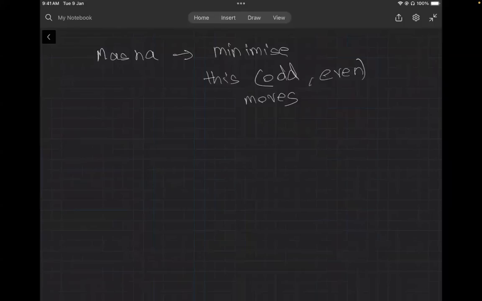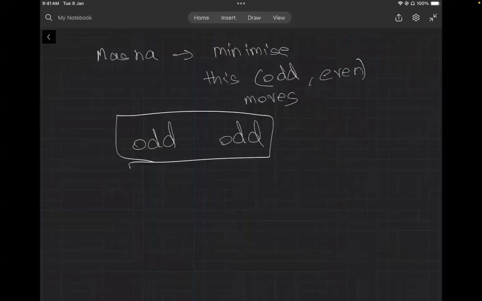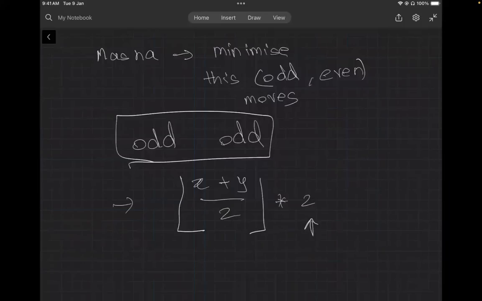Now, one more thing to consider. Whenever I do an odd move, I take two odd elements and I do a move on this. Because of the nature of this function, x plus y divided by 2 into 2, because this 2 is there, the number which I get is always even.